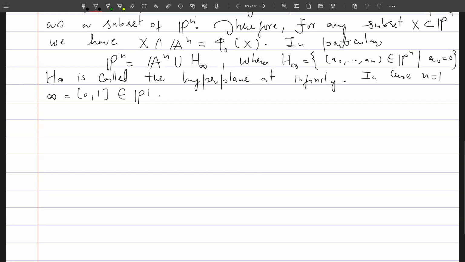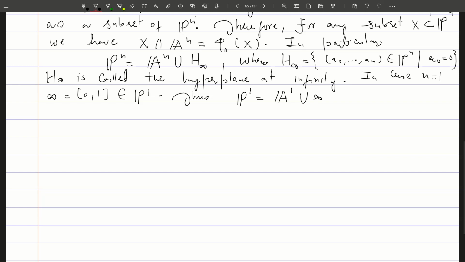Or we can say the projective 1 space is actually the affine 1 space union this point, which is the point infinity.